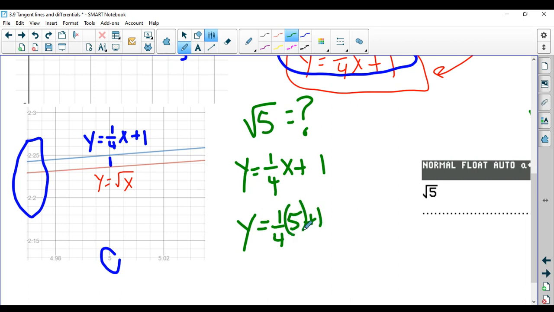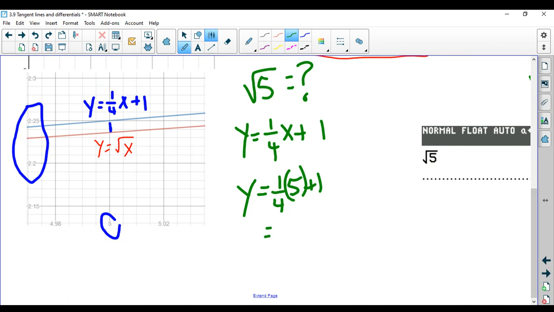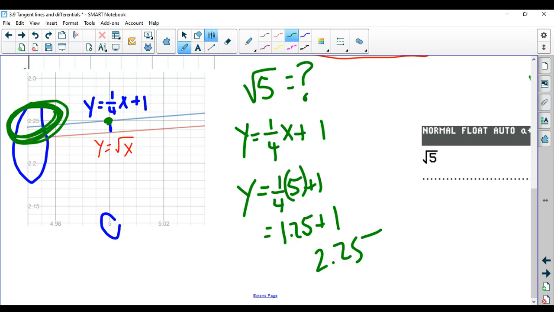One-fourth of 5 is 5/4, which is 1 1/4, which is 1.25, plus 1 is 2.25. So that's this point right here, the tangent line point. That's 2.25. You can see it. But that's very, very close to the actual square root of 5.